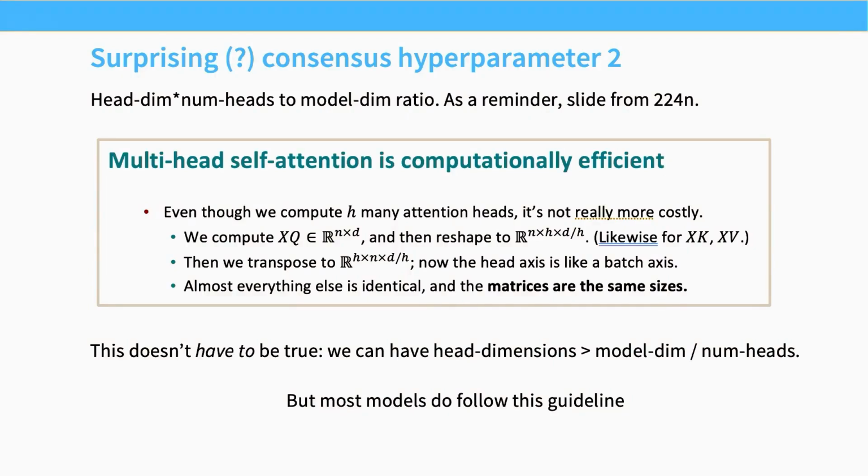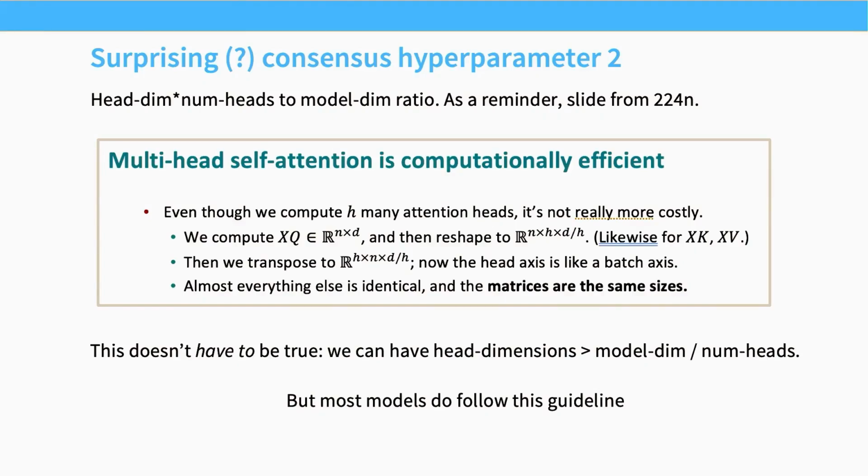Now let's talk about a different consensus hyperparameter. I always found this to be very strange when teaching 224N and teaching students about this, which is if you have multi-head attention, where you have multiple heads for your attention in your transformer, the canonical thing to do, the thing that almost everyone does, is you make sure that the size of those heads, the head dimension, is such that you have the same dimension as a single head transformer, right?